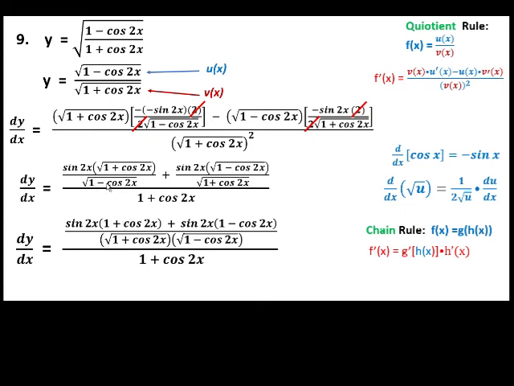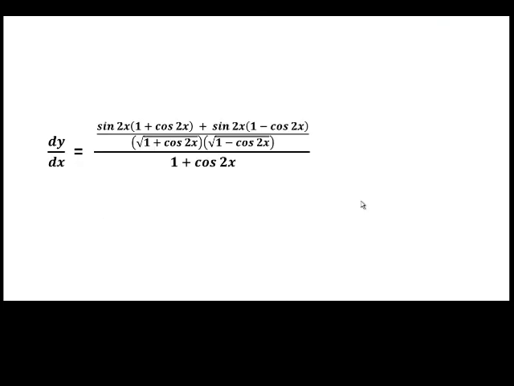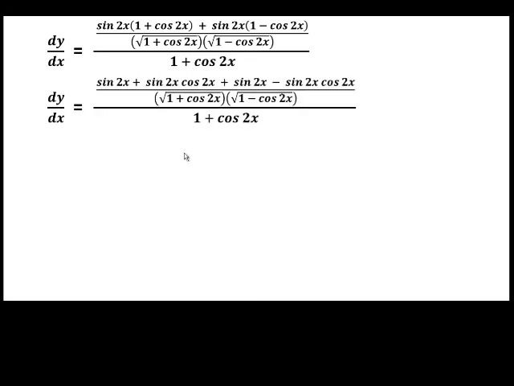This square root times this square root, which is the same inner function of the square root, when they are multiplied, the square root symbol is removed. Then distribute sine 2x in each of the terms.